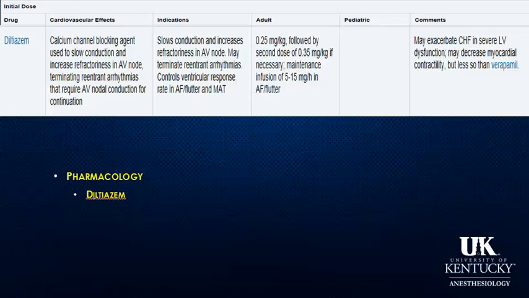Typically, a loading dose of 0.25 milligrams per kilogram is administered, and an infusion of 5 to 15 milligrams per hour can be used. Although it can exacerbate ventricular dysfunction by impairing myocardial contractility, it is less potent than verapamil in this regard.